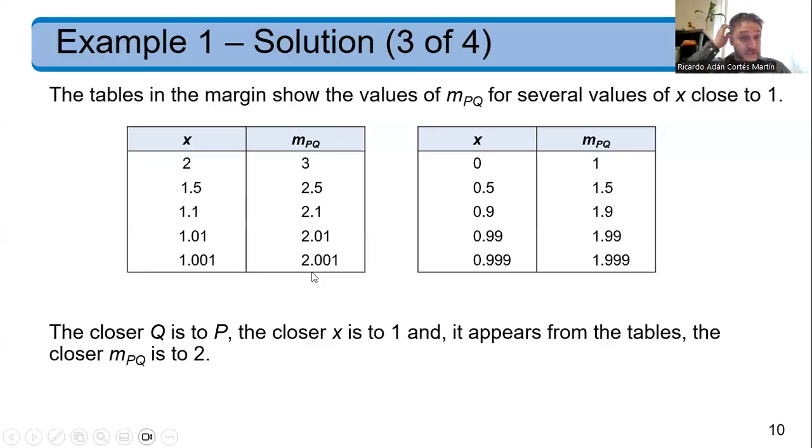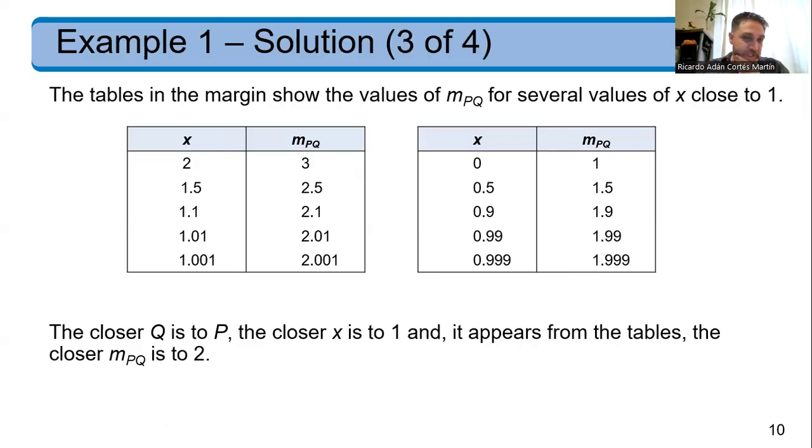Now, what if we use values of x that are below 1? We can use 0, 0.5, 0.9, 0.99, 0.9999. The value of the slope also seems to be getting closer to the number 2 every time.